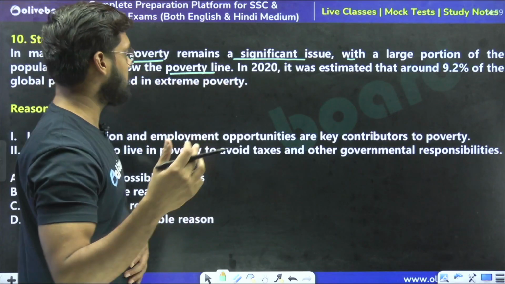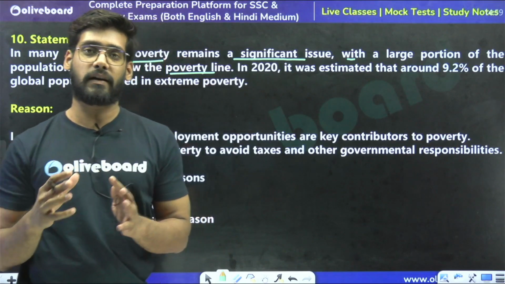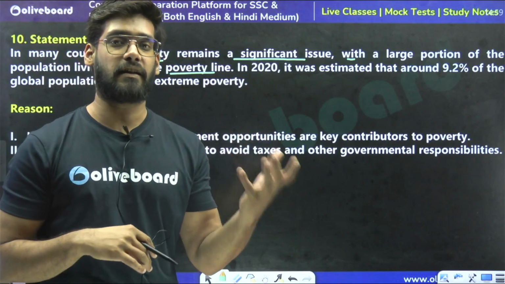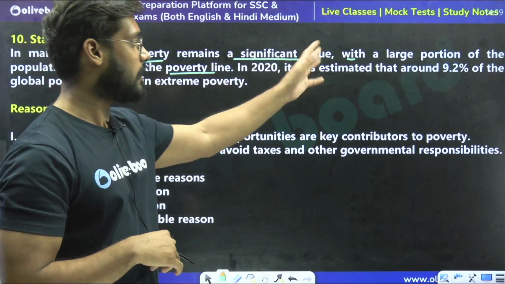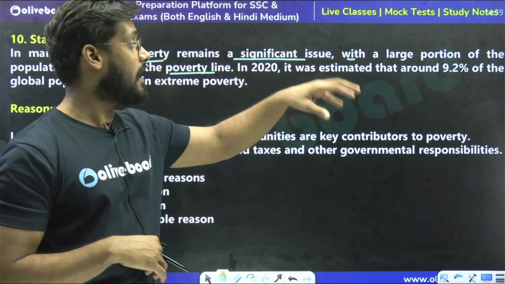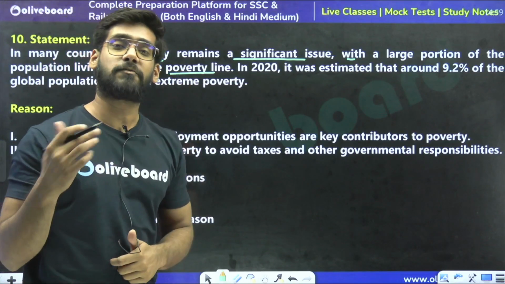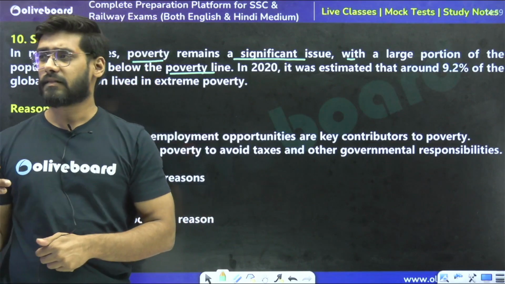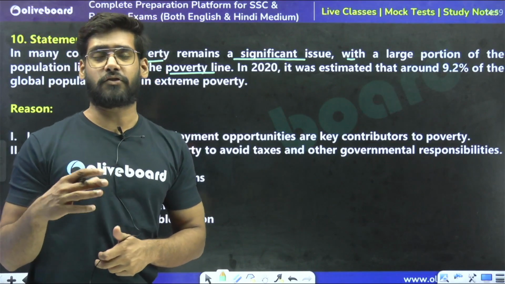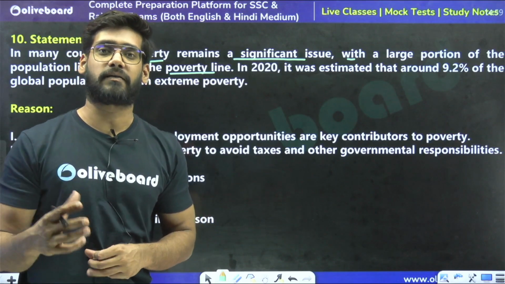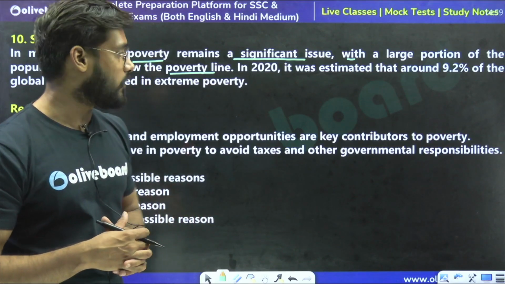This is about many countries. Why is it a significant issue? A large portion of the population living below the poverty line. Large portion means we should say 40%, 50%, 60% of the people are living below the poverty line.